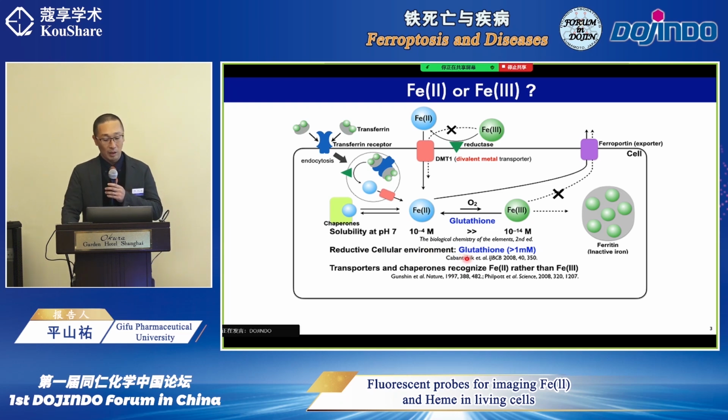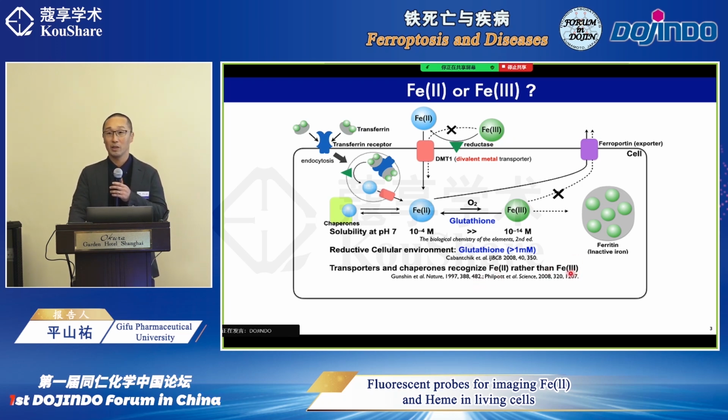And abundant glutathione stabilizes Fe2+ rather than Fe3+ in living cells. And transporters and chaperones involved in intracellular iron homeostasis recognize Fe2+ rather than Fe3+ as their substrate, indicating that Fe2+ is a much more available form than Fe3+.